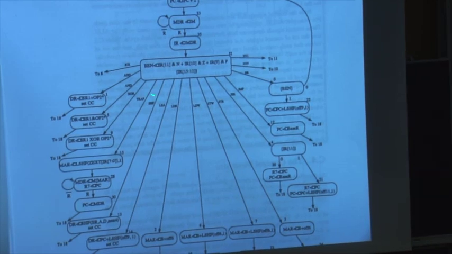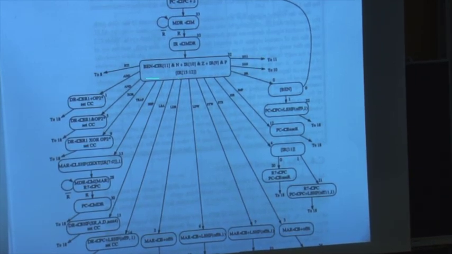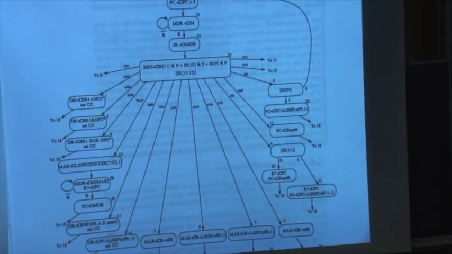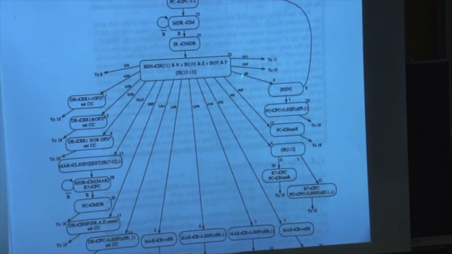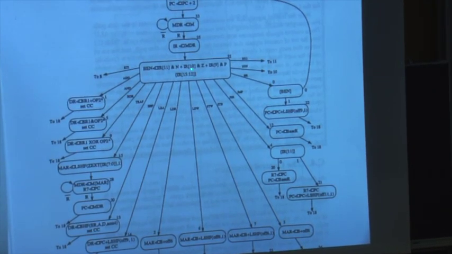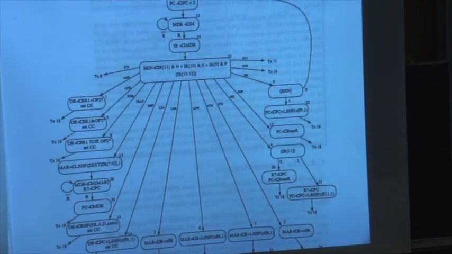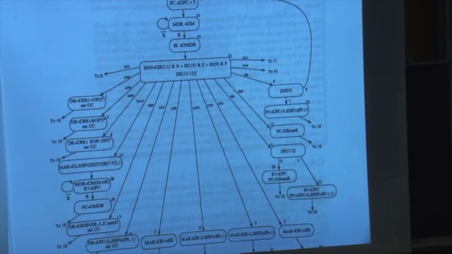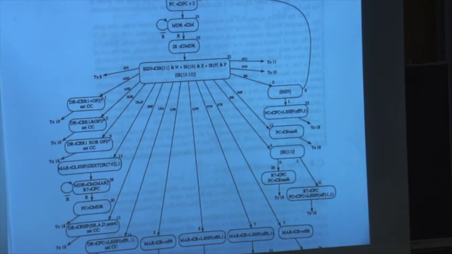Actually, there are 16 possible next states, I think, some of which are not shown here. And those 16 possible next states are dependent on the opcode. For example, if IR 15 through 12 is add, which is opcode 0000, I think, then you go to this state. That's what your microsequencer determines, basically.